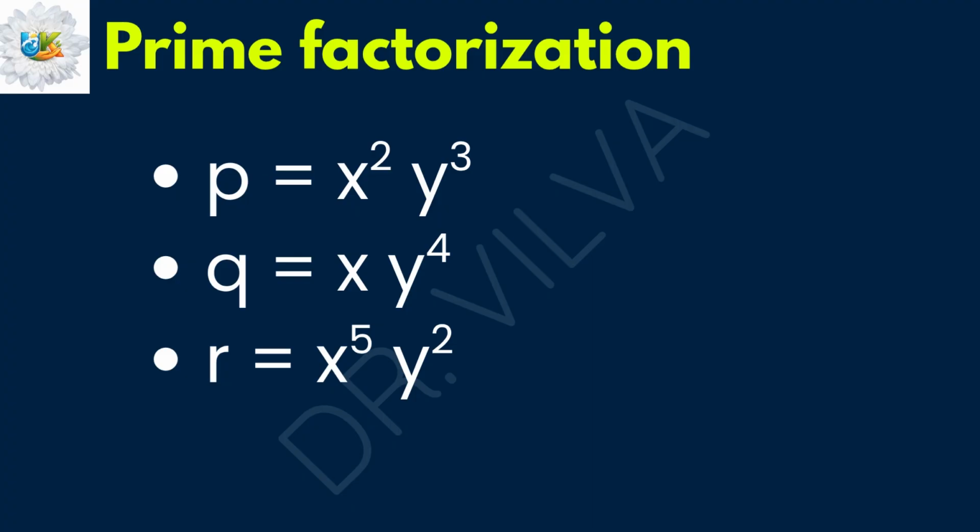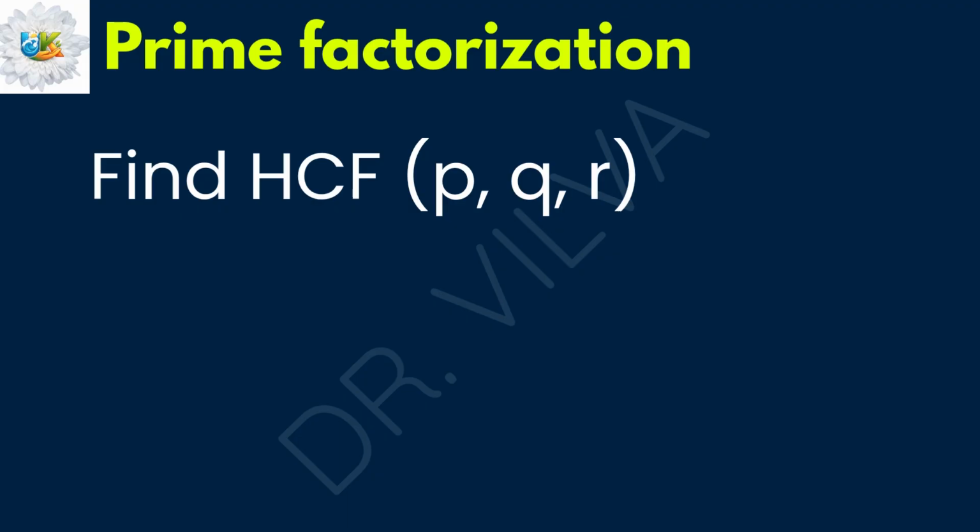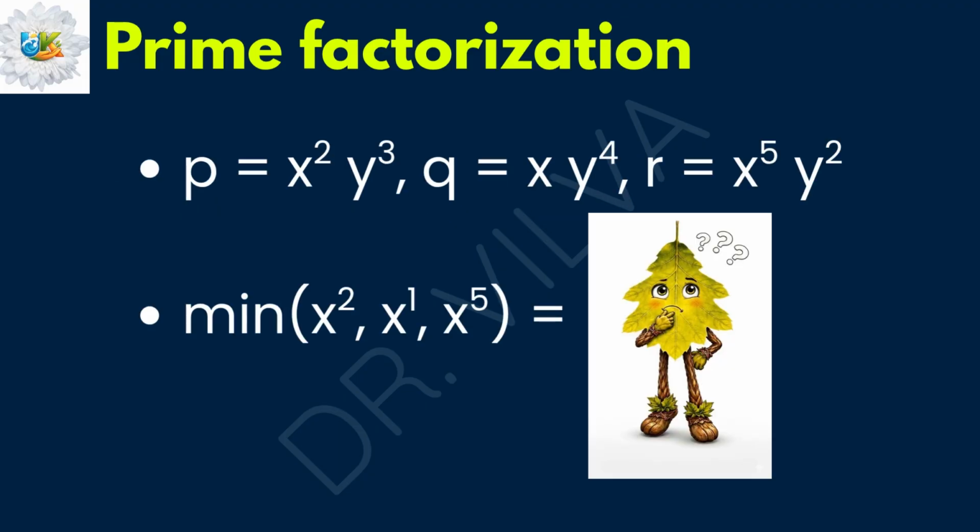P is given as x square y cube, Q is x y power 4, R is x power 5 y square. First, we will find the HCF. Remember the golden rule for HCF. We look for the common prime factors with the lowest or minimum power. Let us look at x first. We have x square, x, which is x power 1, and x power 5.